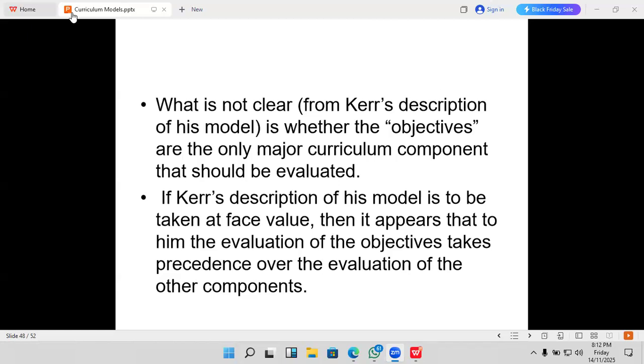Therefore, the people who criticize Kerr's model say the curriculum cannot be confined or limited only to the objectives written in the curriculum.